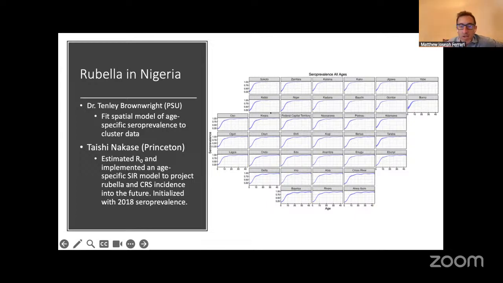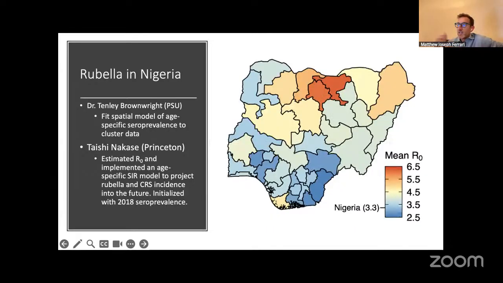So this empirical pattern is consistent with our interpretation of the transmission rates, which indicate comparatively low transmission in the South and comparatively high transmission rates in the North, which again changes our perception of both the risk of current rubella and CRS exposure, as well as the potential responses of these states to vaccination introduction.